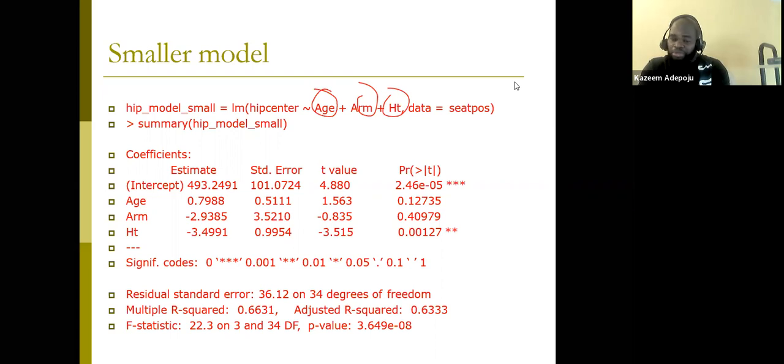I've already dropped some, though HT also has a VIF greater than 5, but because it has theoretical backing that it should be included in the model, because the reason why it was having issues before is because of the fact that age was correlating with it. Now take a look at what we have now. One of the predictor variables is now significant. You remember before it was not significant, but take a look at that now.